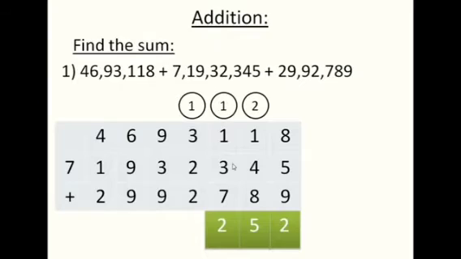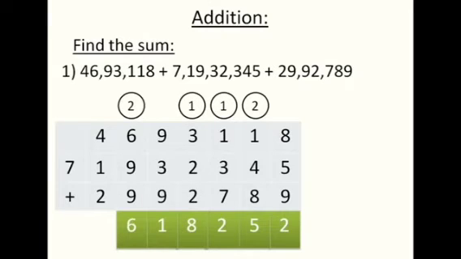Now 3 plus 2, 5, 5 plus 2, 7, 7 plus 1, 8. Now 9 plus 3, 12, 12 plus 9, 21. Next 6 plus 9, 15, 15 plus 9, 24 plus 2, 26.